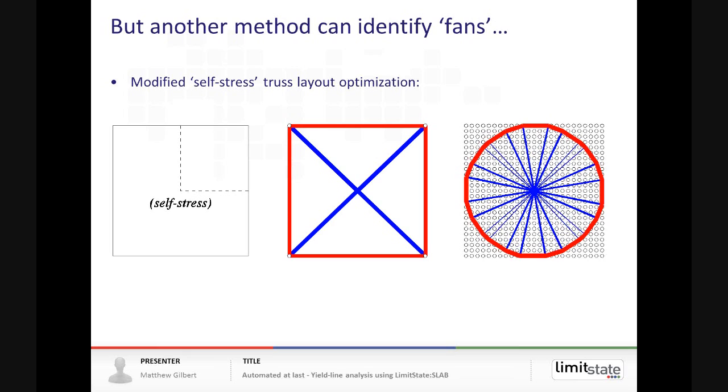If we change the formulation slightly, so instead of dealing with supports and externally applied loads, we actually think of a self-stress or pre-stress problem, then we can actually get the full fan-type geometry that, if we're approaching this from a slab perspective, corresponds to the point load on a slab problem.